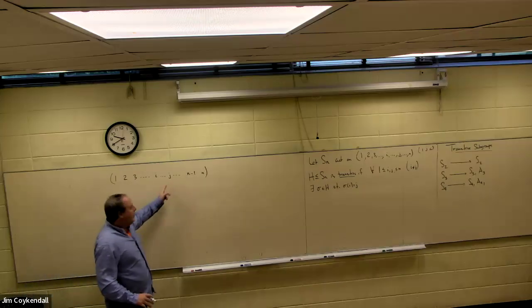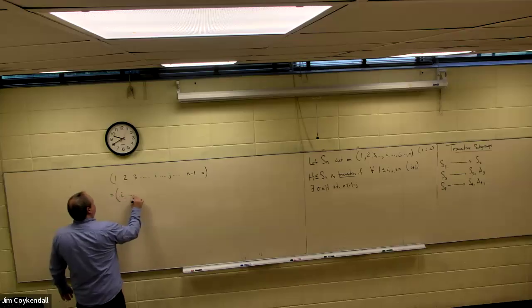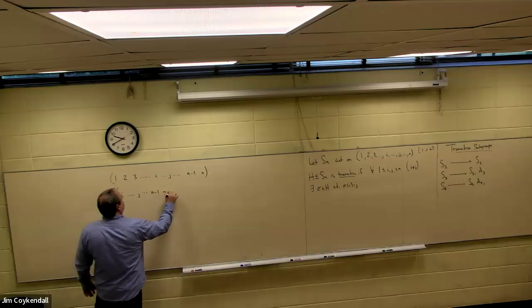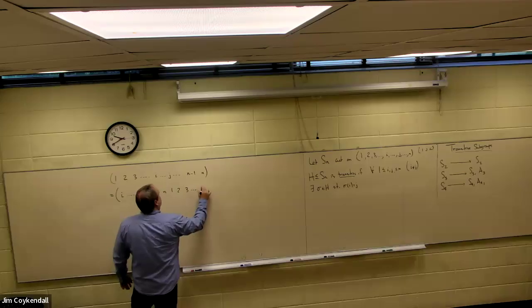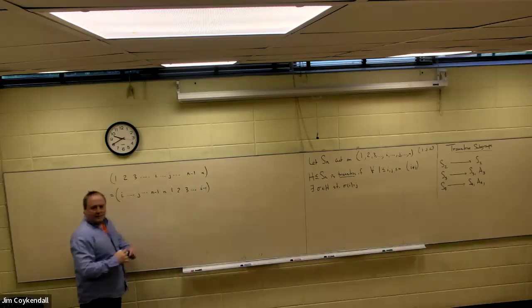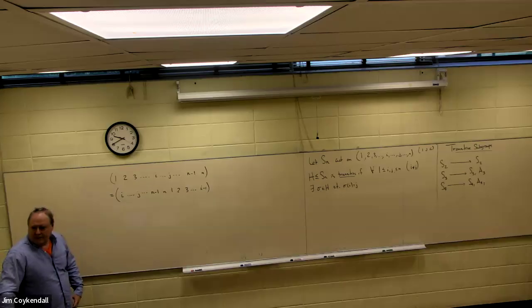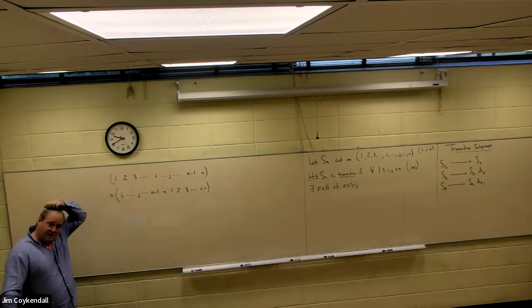You can certainly rewrite this way. This might make it easier for you. It doesn't matter where you start a cycle, it's the same thing, right? If i and j are adjacent, then you're already done.